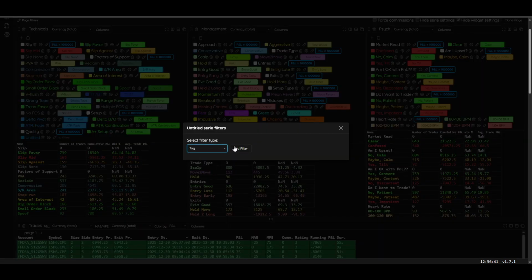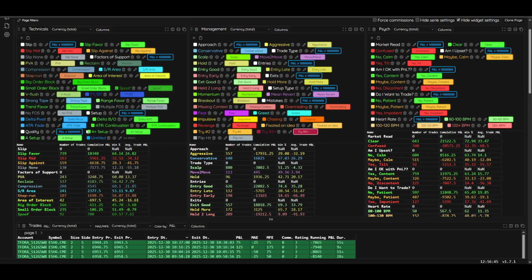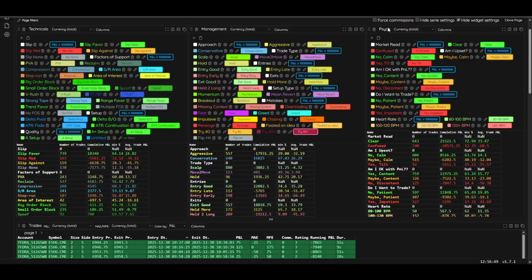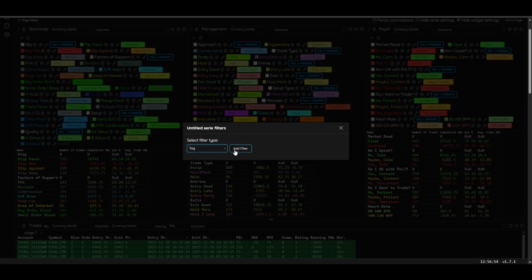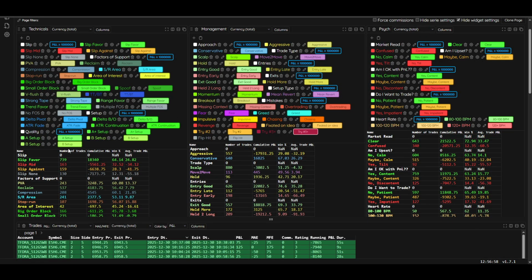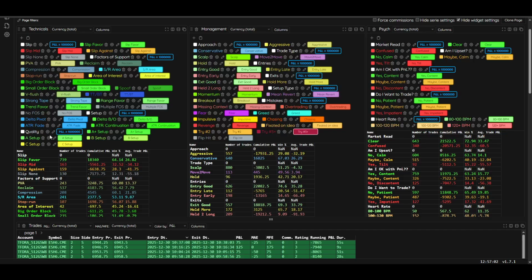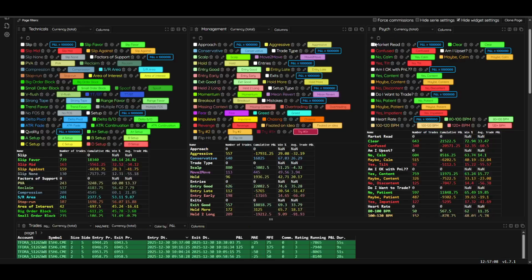Then I'm going to add another P&L filter. This one's going to be MFS.